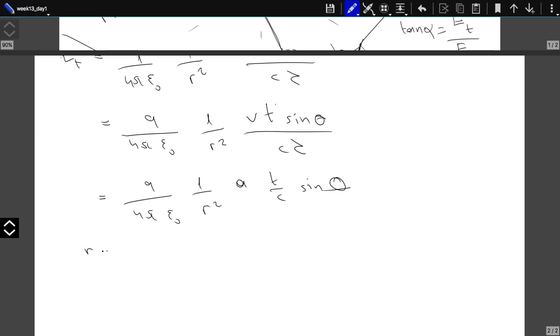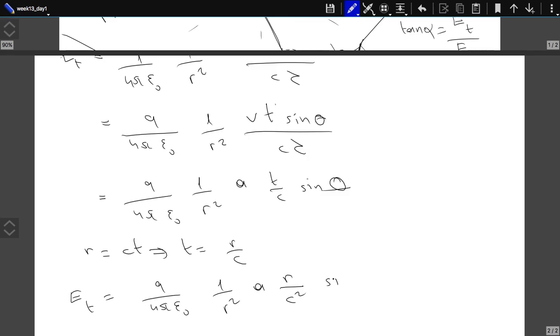But r is nothing but c times t, or t is equal to r over c. So the tangential component of the electric field is q over 4 pi epsilon 0, 1 over r squared, a times r over c squared, sine theta.